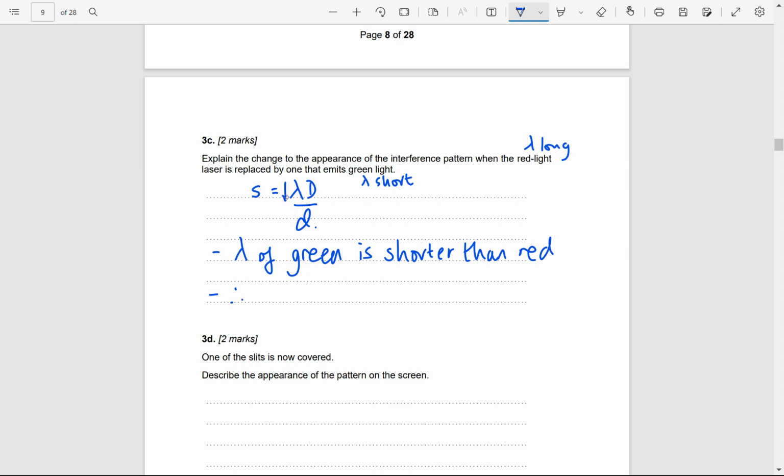Therefore, if this is getting smaller, then they're getting closer together. Therefore, the distance between successive maxima decreases. They're getting close together.